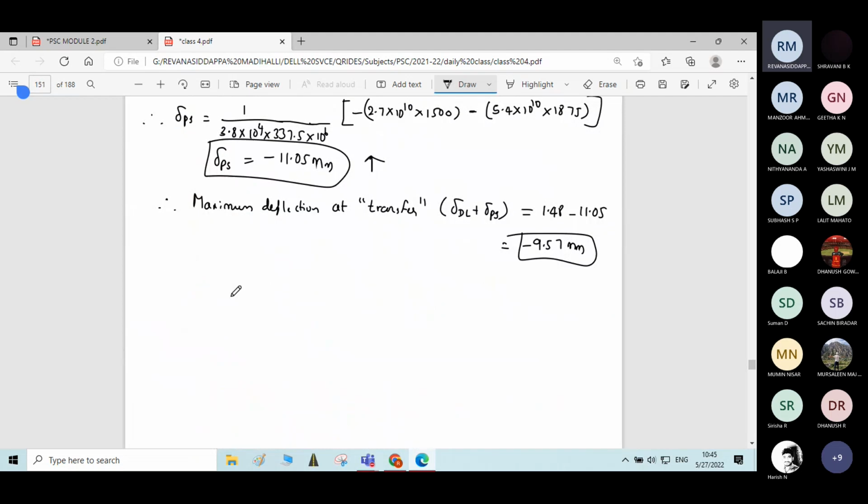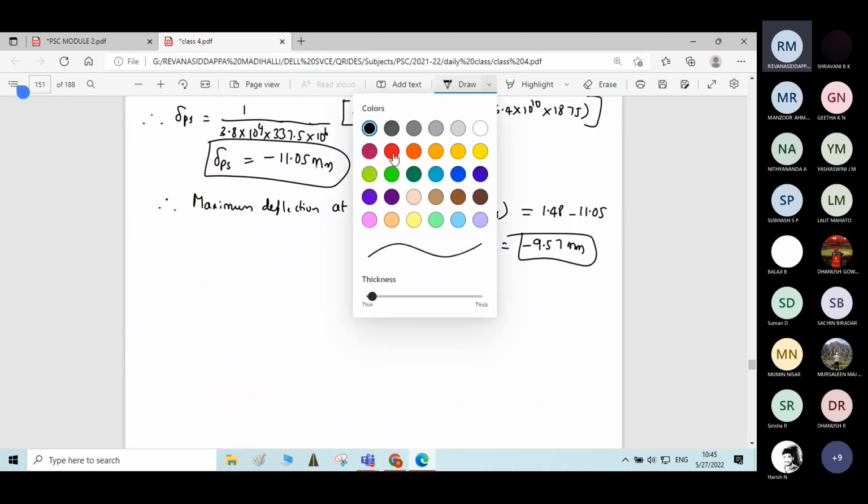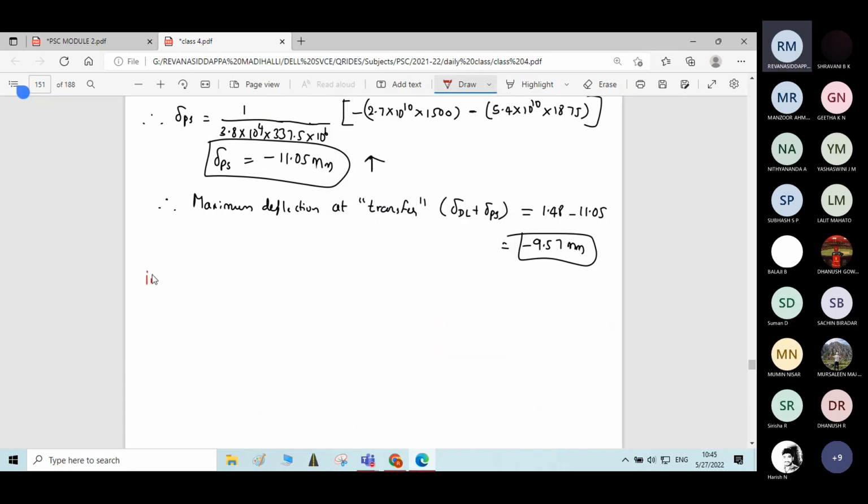We have got minus 9.57 mm. Second question, what we have to find is the determination of the central concentrated force to nullify the above deflection.